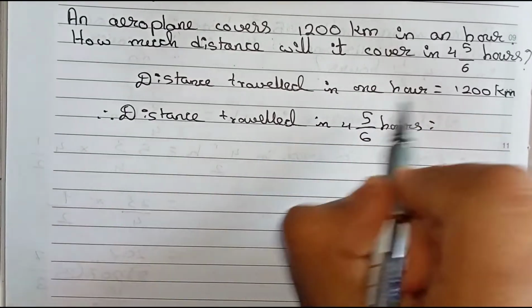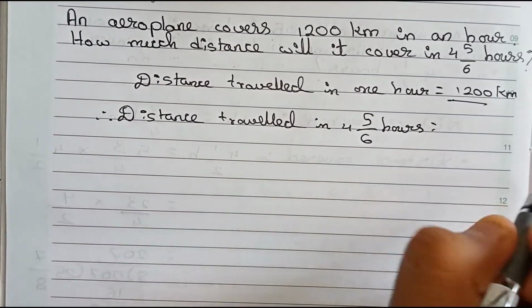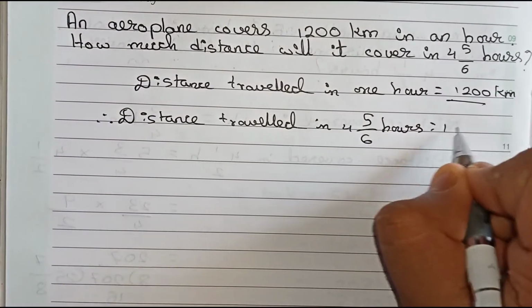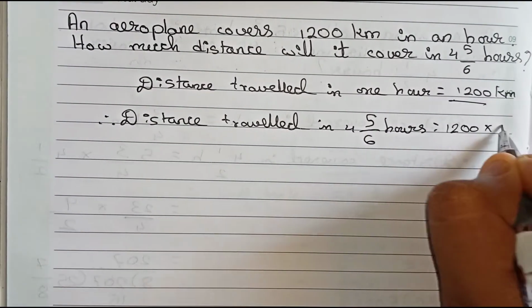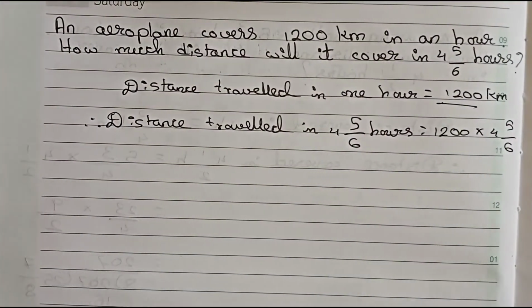So therefore if in 1 hour it covers 1200 kilometers, then in 4 whole 5 by 6 hours we will multiply by 1200. So it becomes 1200 into 4 whole 5 by 6. So if we multiply it, we will get our answer.